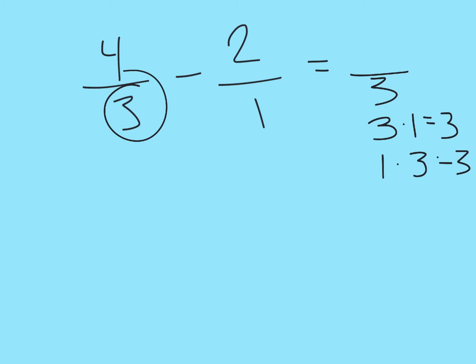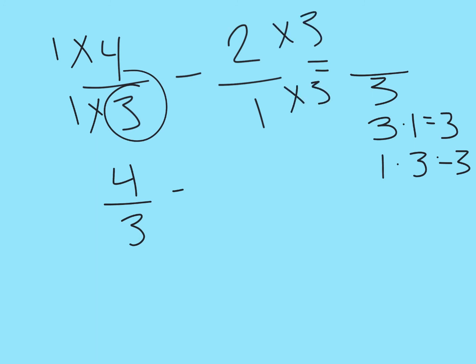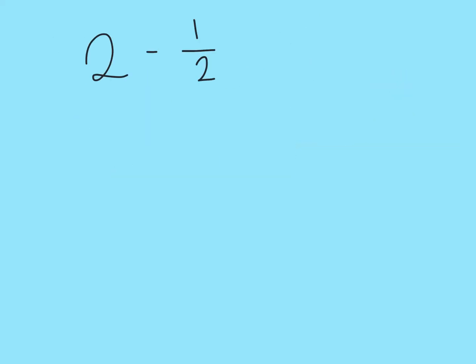So what times 3 gives me 3? Well, times 1, so times 1 here. So 4 over 3 minus, then what times 1 gives me 3? 3, and then 3 here. So 4 minus 6 over 3, negative 2 over 3. That's my answer.